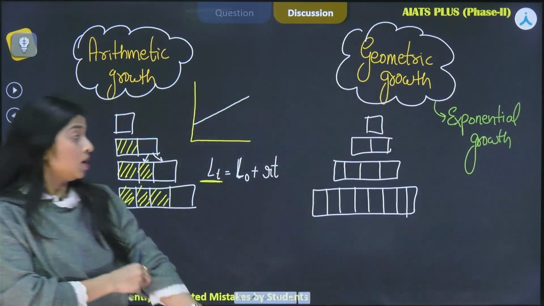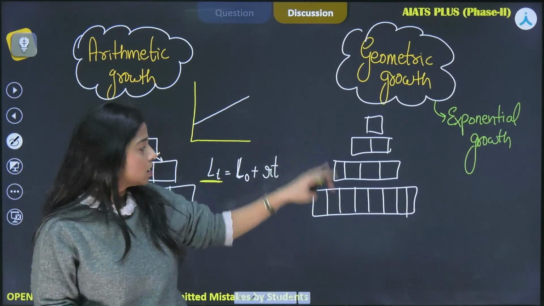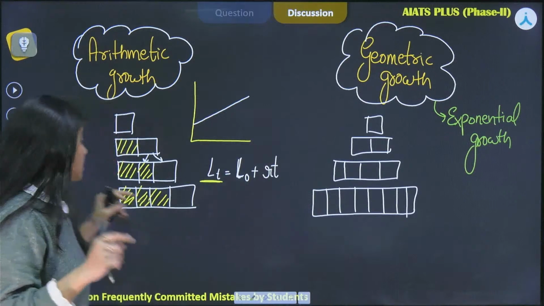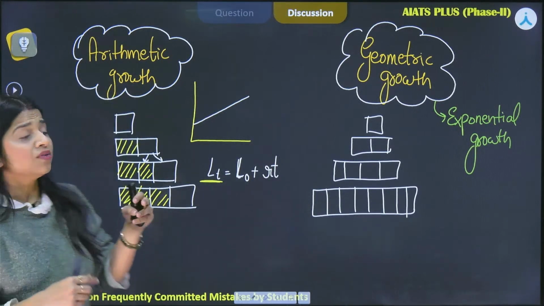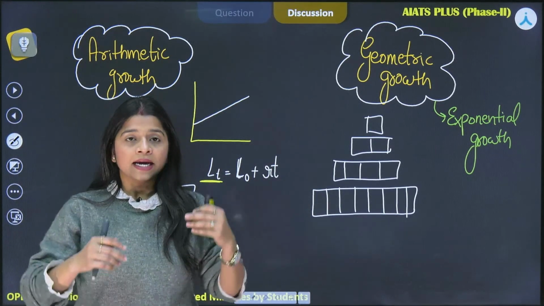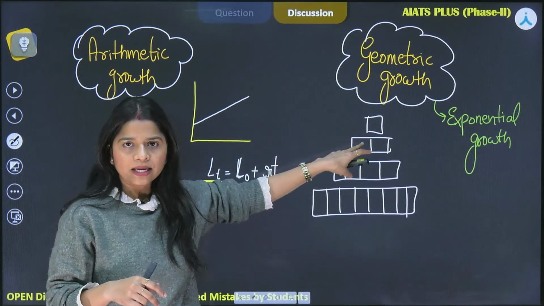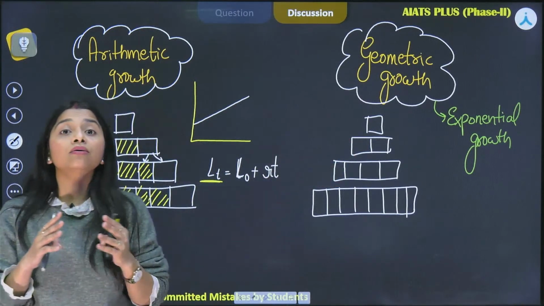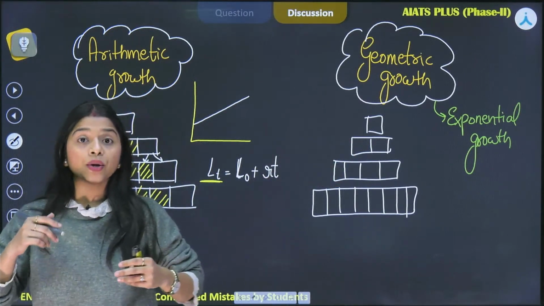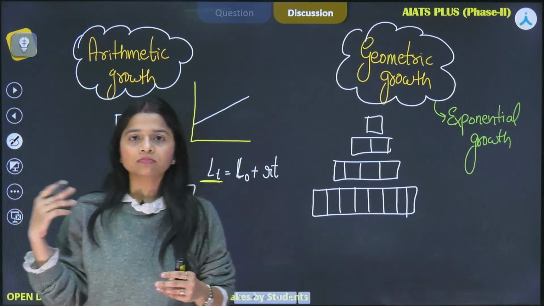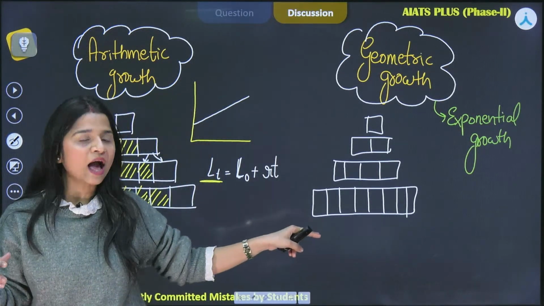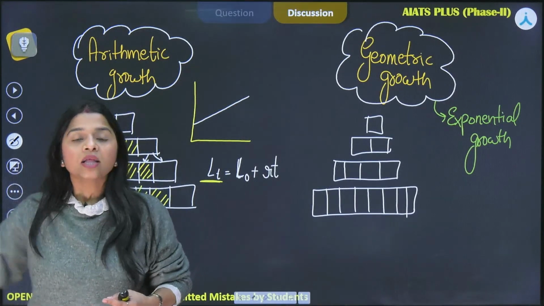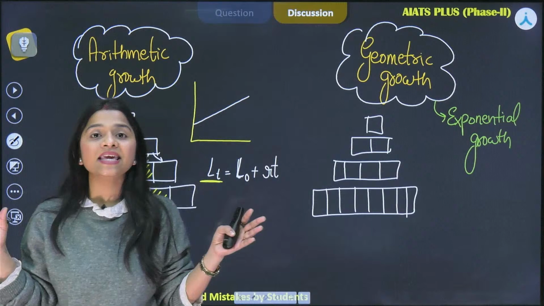Now how will this particular type of growth be represented in the form of a graph? If the growth is exponential, initially from 1 there is the production of 2 and 4. Initially the growth is very slow, 2 to 4, 4 to 8, but when the power of compounding exactly happens over here, from 16 to 32, from 32 directly 64, the number is rising at a very large scale.